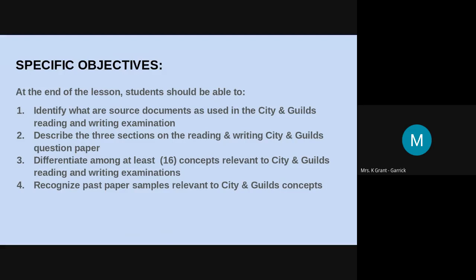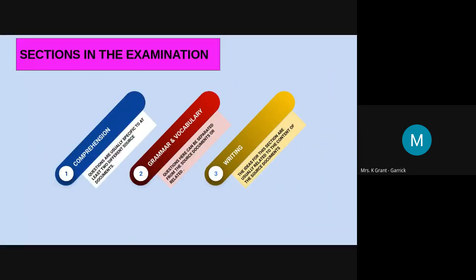Differentiate among at least 16 concepts relevant to City and Guilds reading and writing examinations. And then finally, just to recognize past paper sample items that are relevant to different concepts that you will be exposed to. So when we think about the sections in the examinations per se, we're thinking about three sections.